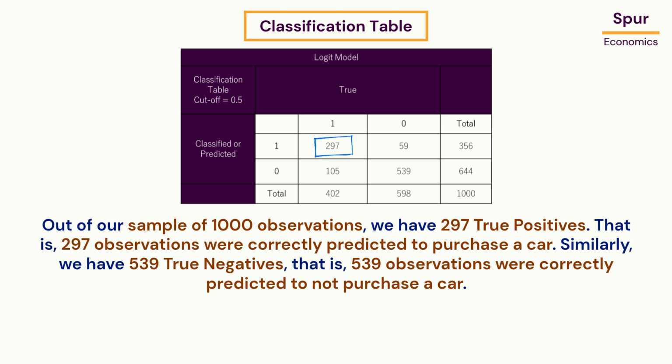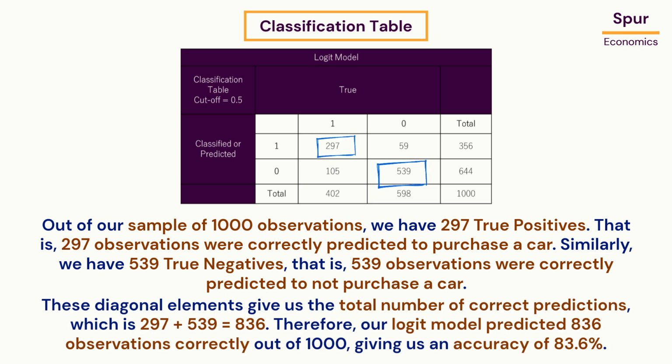Out of our sample of 1,000 observations, we have 297 true positives. That is, 297 observations were correctly predicted to purchase a car. Similarly, we have 539 true negatives, that is, 539 observations were correctly predicted to not purchase a car.